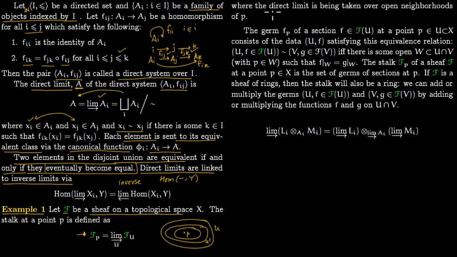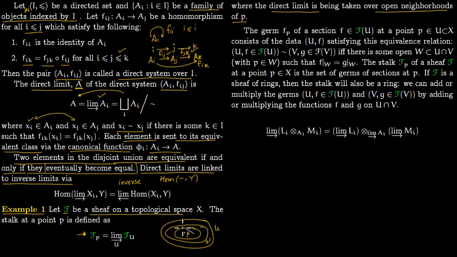So the direct limit is being taken over open neighborhoods of P. We can also talk about a germ of a section. There might be the case that there are two different neighborhoods which are not contained within each other.